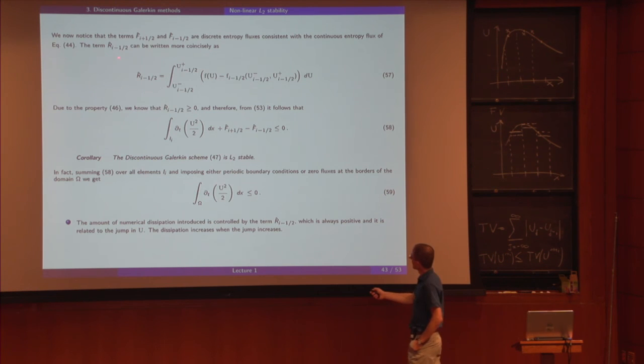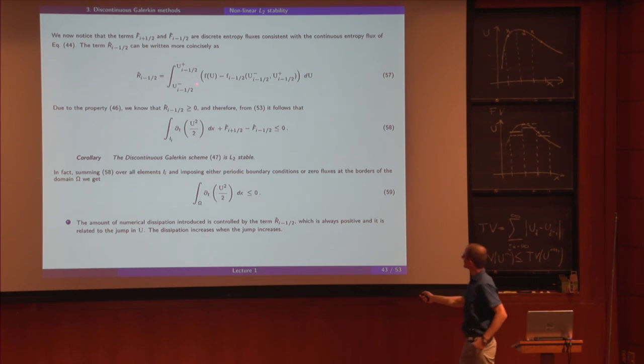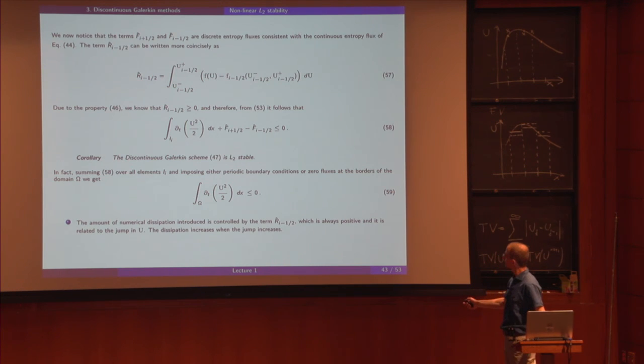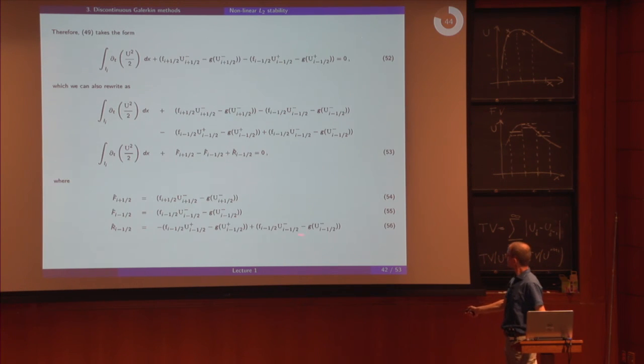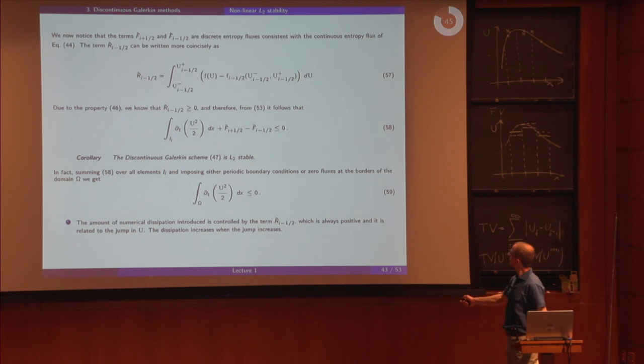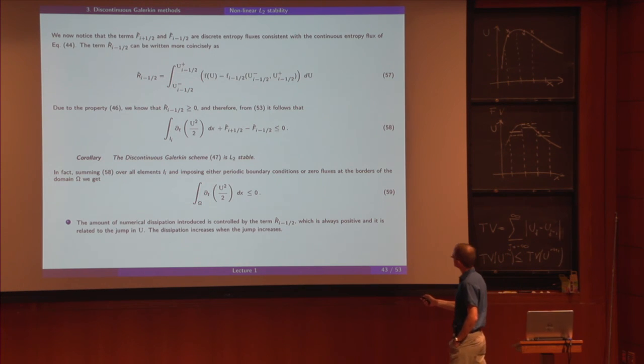While the term r-hat can be written in this form. You just go back here to see equation 56 can be written in this form, equivalent 57.